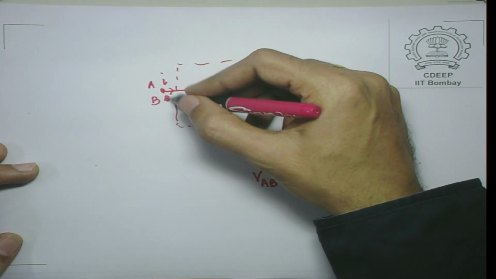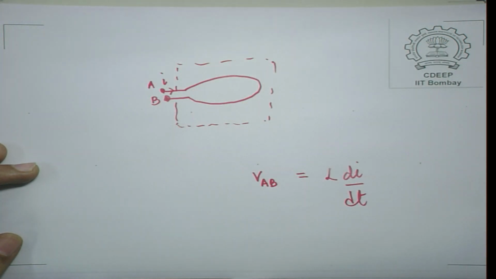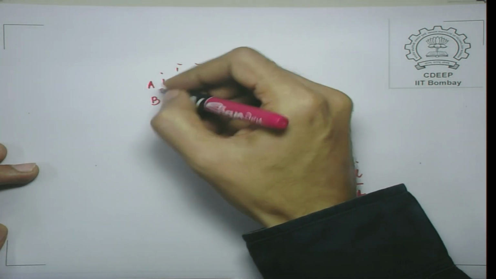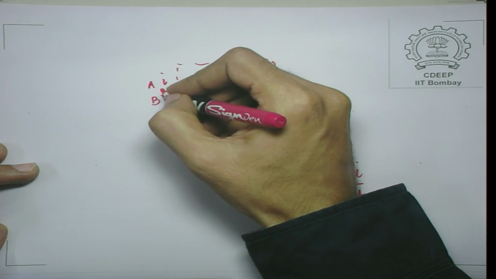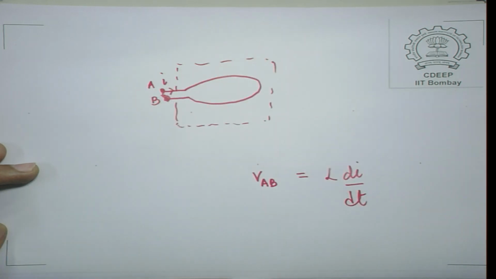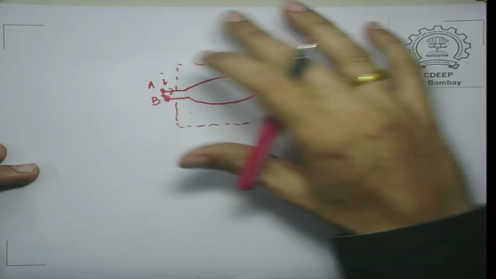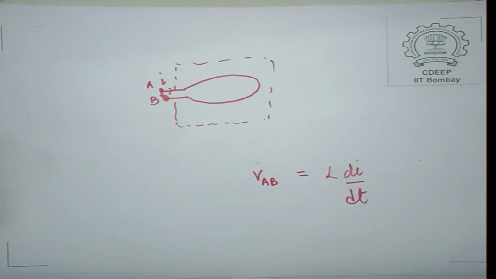Therefore, we can define the voltage by doing the integral of E dot dl from this point to this point. We compute the potential difference between A and B, and E dot dl is uniquely defined and is not path dependent, provided there is no flux in this region. Okay. So, these are the assumptions going into the definition of an ideal element called an inductor.